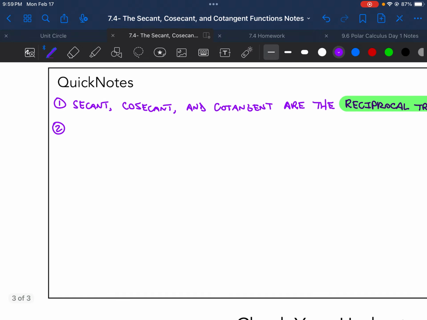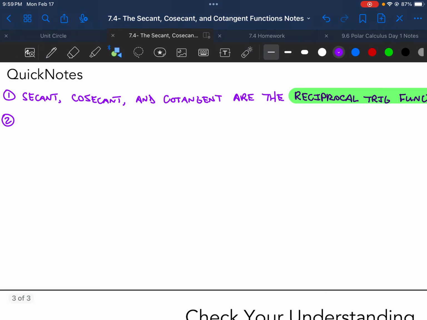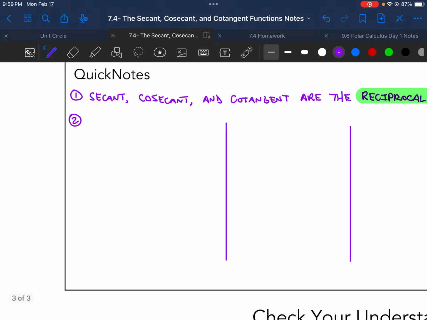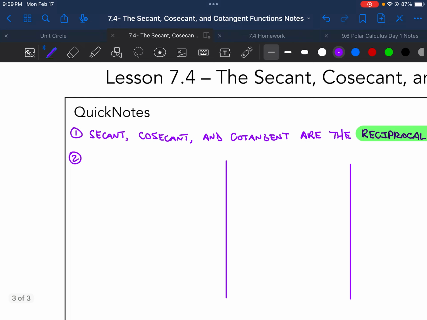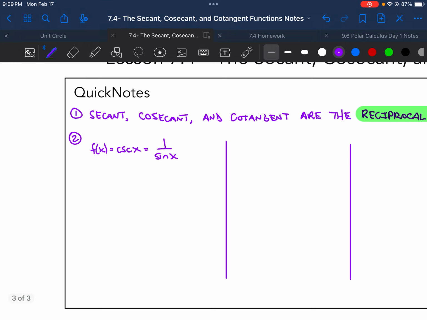All right, second, let's do a little table. 3-part table, one for each reciprocal trig function. All right, let's first look at cosecant of theta. So f of x equals cosecant of x is the same thing as 1 over sine of x.